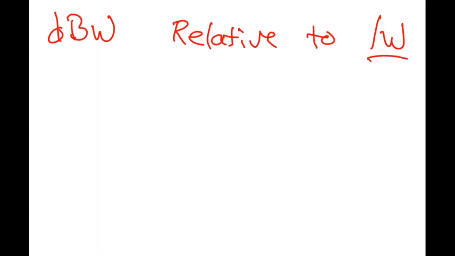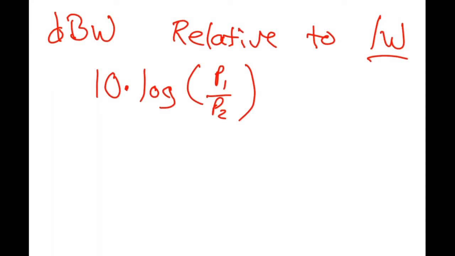So when we look at a dBW, it is relative to 1 watt. Well, what does that mean? Remember, we had 10 log P1 over P2 for defining what a decibel is. Well, in this case, because this is a decibel watt, P2 is fixed at 1 watt. That's it.